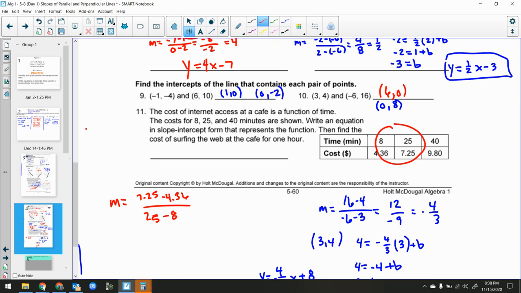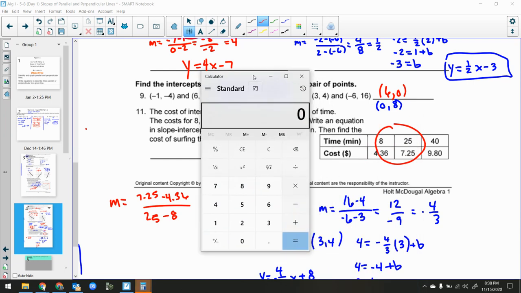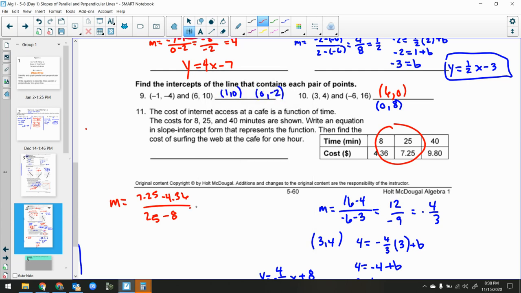Calculator here. 7.25 minus 4.36, and that's divided by 25 minus 8, which is 17. So 0.17. I'm okay with using a decimal here because it's a word problem.